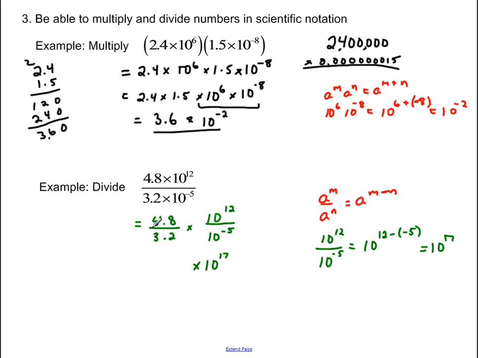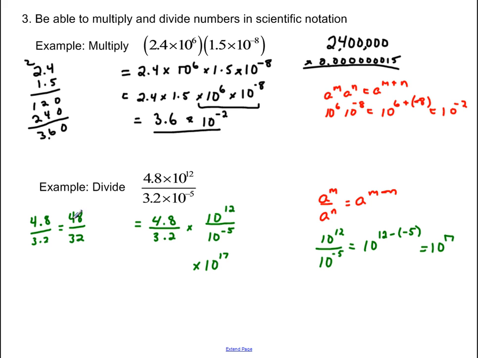All right, 4.8 divided by 3.2. Now, again, because you've got the decimals, many of you will be thinking, all right, I'm just going to have to do a long division with decimals. Well, remember that the decimal, if we move it over to the right in the numerator, we can move it over to the right in the denominator. So it's really equivalent to saying 48 divided by 32. Right?